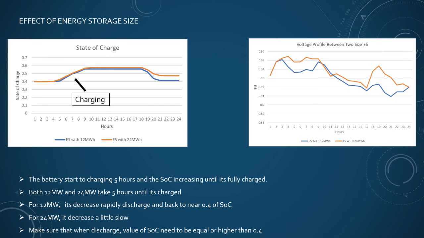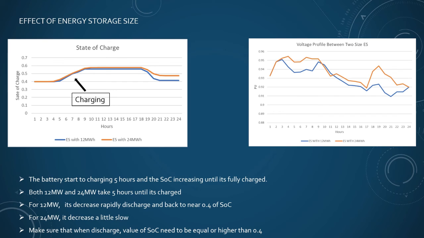The second one is the state of charge between the two different sizes. The battery will start charging for 5 hours and the SOC increases until it is fully charged, which is near 0.6. Both 12 megawatt hour and 24 megawatt hour take 5 hours to charge.